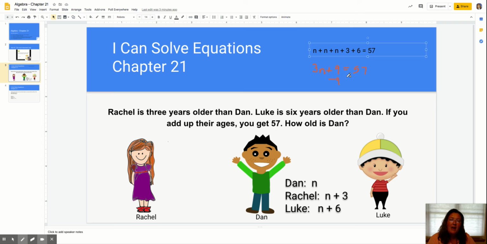But remember, whatever I do to this side of the equation, I have to do to the other side of the equal sign. So I must subtract 9 from this side. And as I do that, I end up with 3n equals 48.